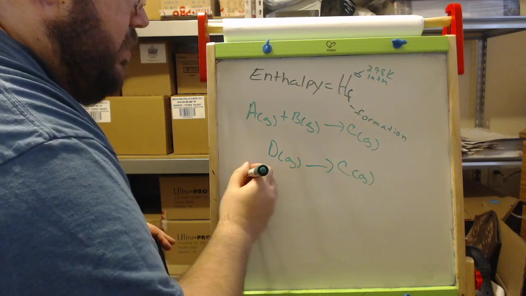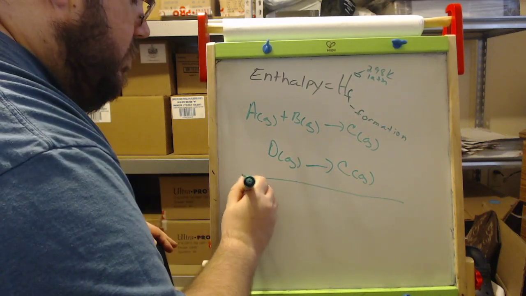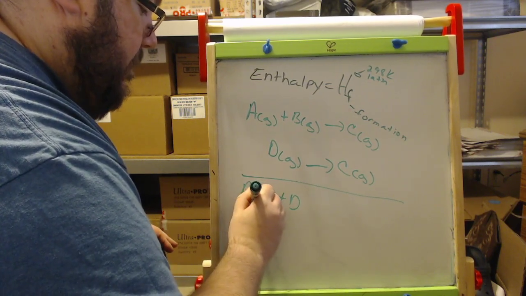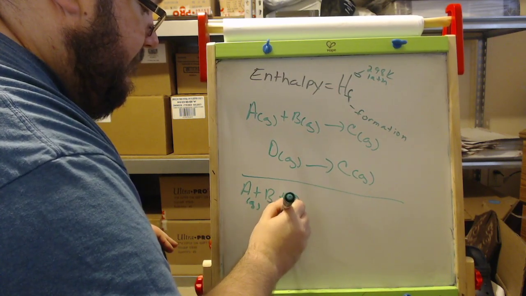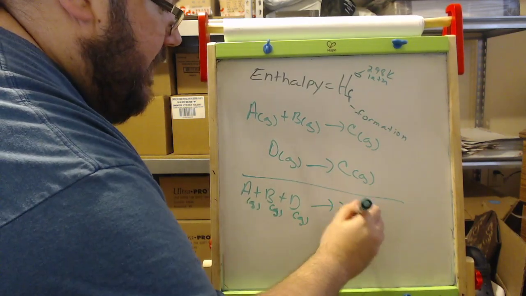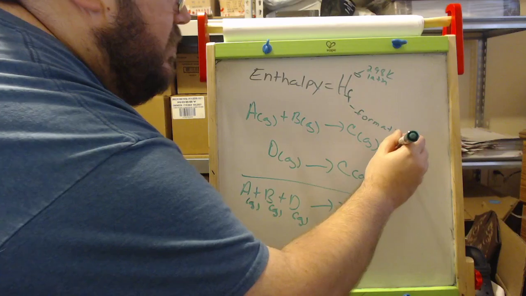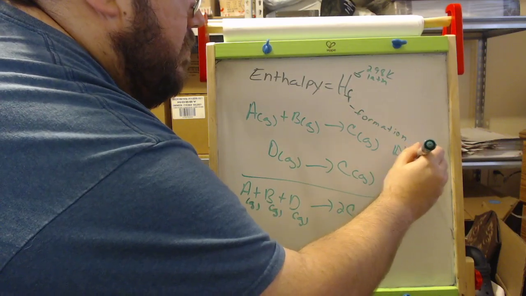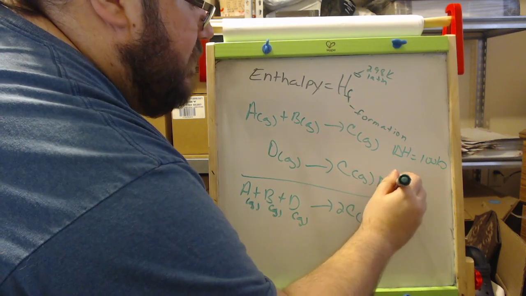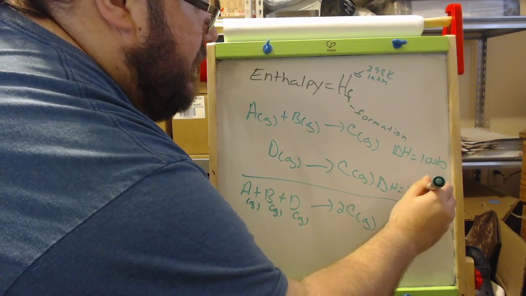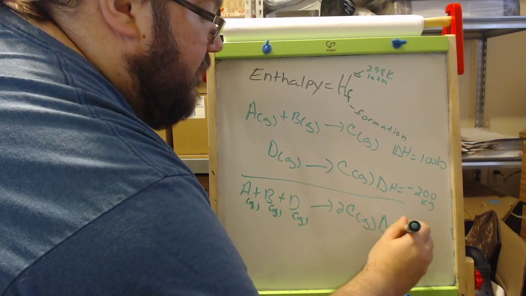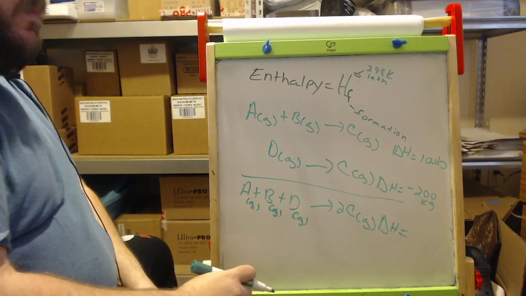And I want to know A plus B plus D yields 2C gas. So let's say I knew the delta H of this one was 100 kilojoules. I know that the delta H of this one is negative 200 kilojoules. And I want to know what is the delta H of this reaction down here.